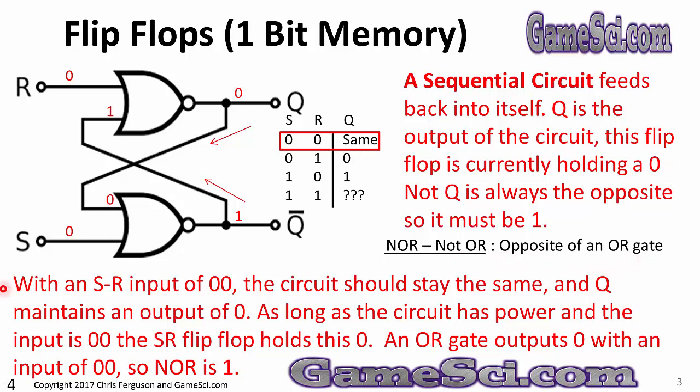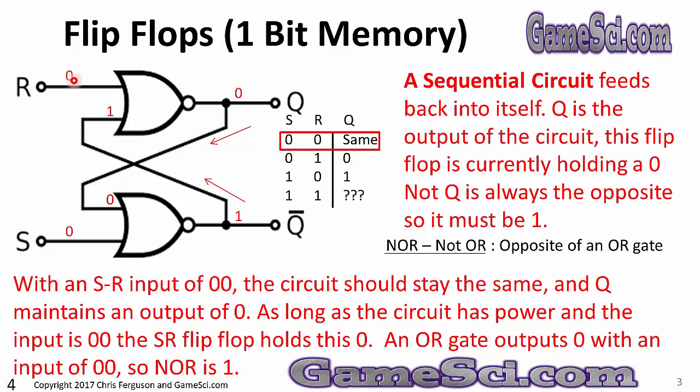With an SR input of 0, 0, the circuit should stay the same and Q maintains the output of 0. As long as the circuit has power and the input is 0, 0, the SR flip-flop holds this 0. Before I explain this, remember an OR gate outputs a 0 with an input of 0, 0, so a NOR gate would output a 1.